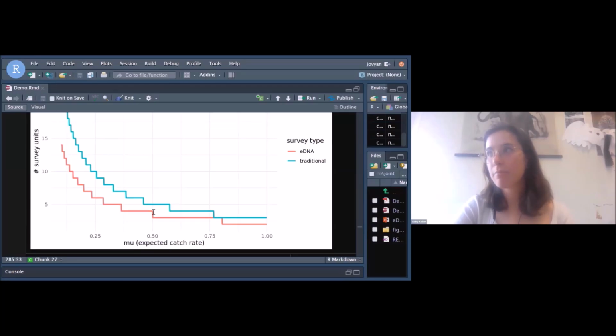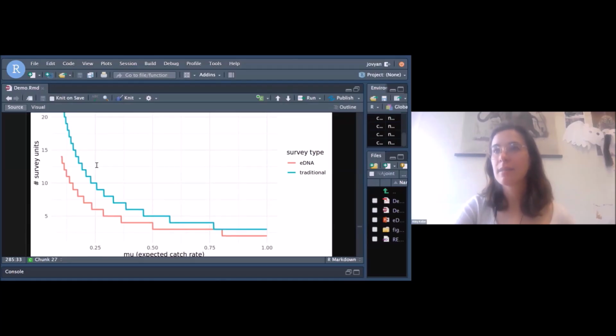It now takes 4 water samples and 5 traditional samples to expect to detect presence with 0.9 probability. The takeaway is that eDNA on a per sample basis is more sensitive than a traditional sample if you want to detect goby presence.